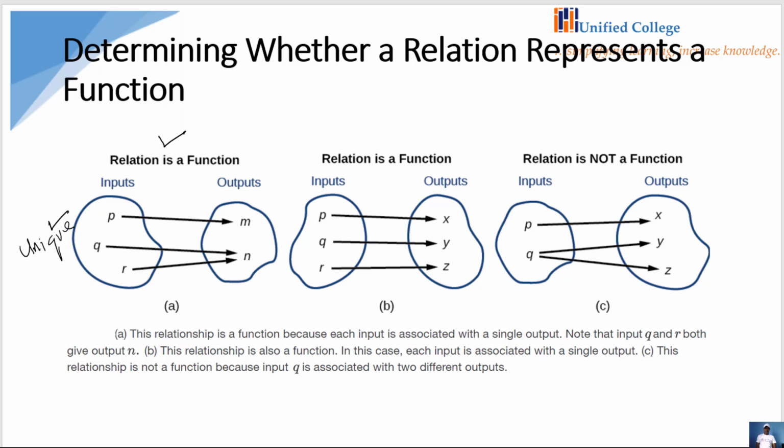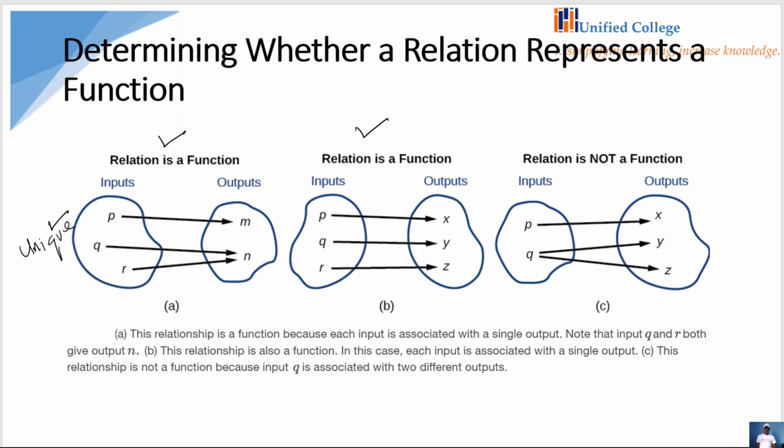Unlike in the previous example, where the inputs were unique but the outputs were not distinct, for our example B both the input and the output are unique and distinct. Hence, we conclude that this is a relation.